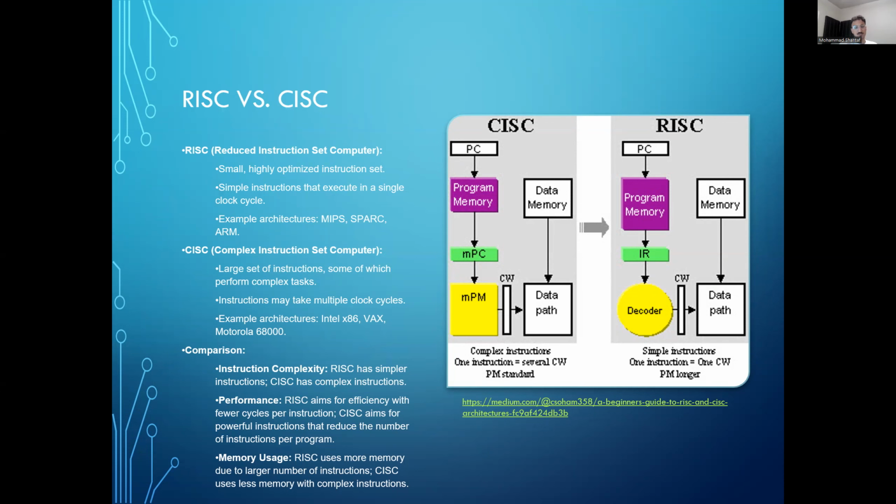In terms of performance, RISC aims for efficiency, whereas CISC aims for powerful instructions. As for memory usage, RISC uses more memory, although the instruction set is reduced, because it performs at a high level to achieve the best efficiency, whereas CISC uses less memory with complex instructions.